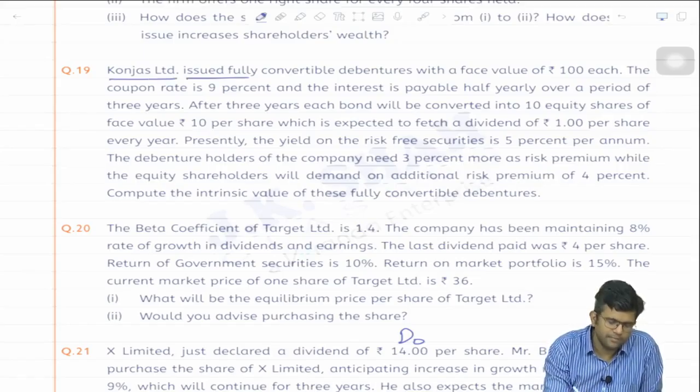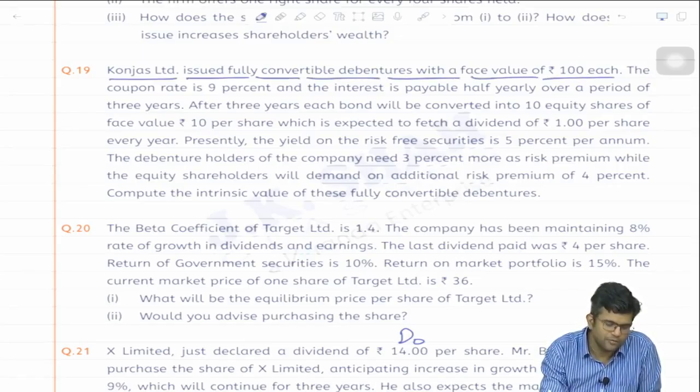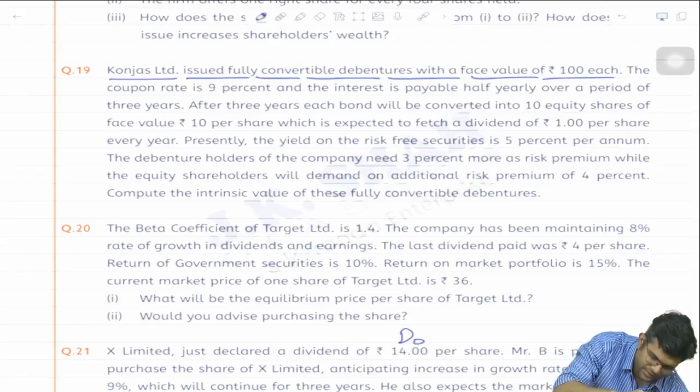Conjus Limited issued fully convertible debentures with a face value of 100. Just 1 minute.